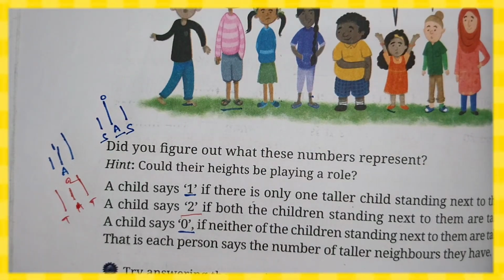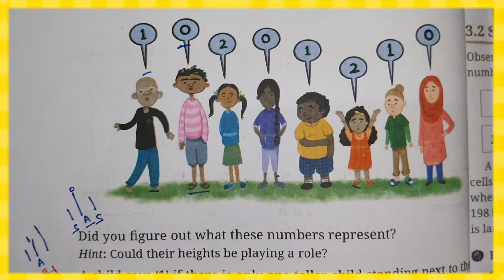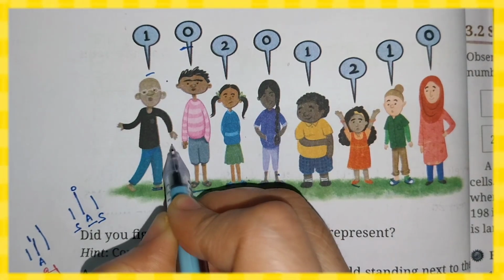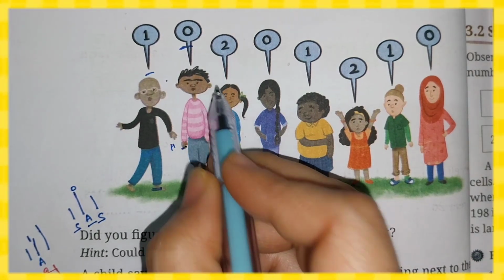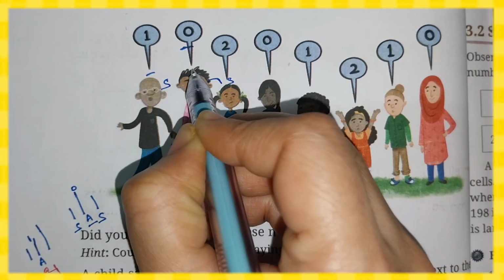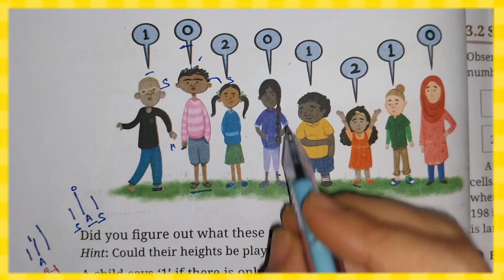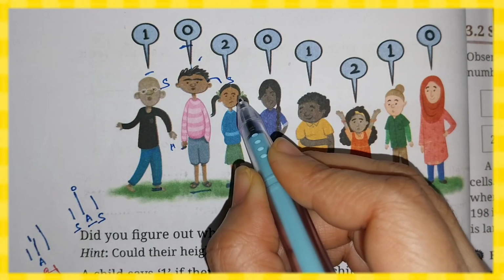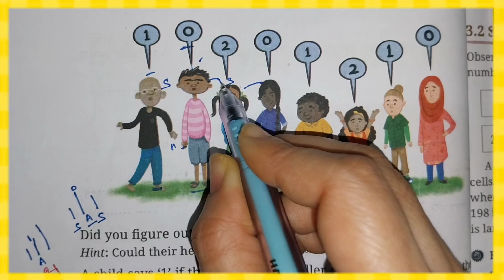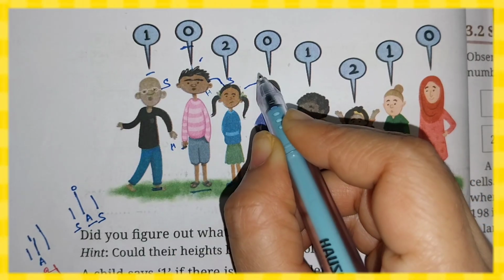Now looking at the figure above, you can understand why a particular child is saying 1, 2 or 0. Each person says the number based on the heights of the children standing next to them. So the first child said 1 because only one taller child is standing next to them. Next, a child says 2.